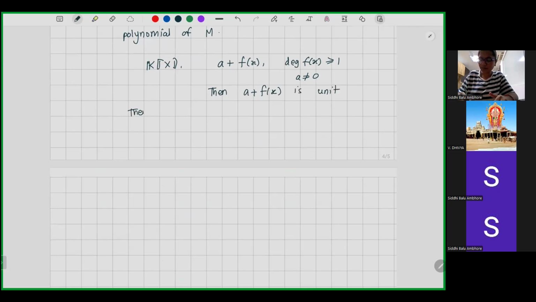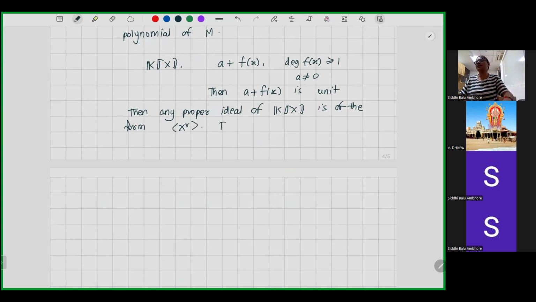And then any proper ideal of this k[[x]] is of the form (x^r). If every ideal is of this form with r greater than 0, then if I want to talk about a prime ideal containing this ideal, the only possibility is having this.